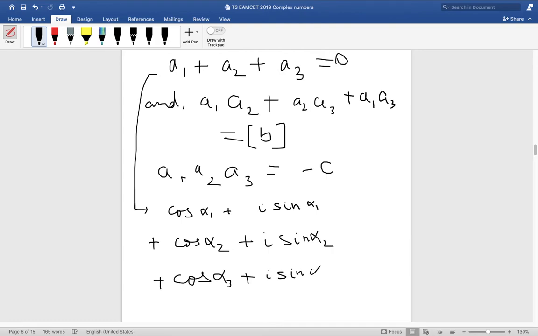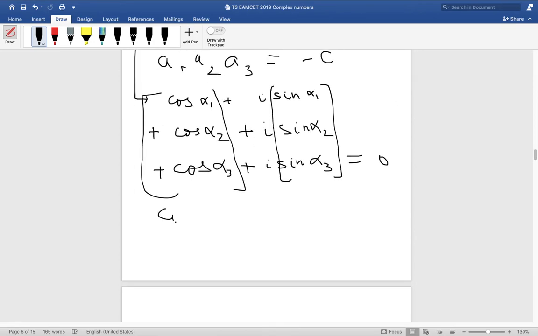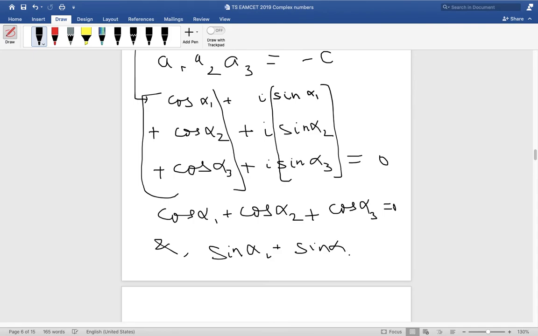And this is given to us as 0. So we know that the real part is equal to 0, and the imaginary part is equal to 0. So we know that cos alpha 1 plus cos alpha 2 plus cos alpha 3 is equal to 0, and sin alpha 1 plus sin alpha 2 plus sin alpha 3 is equal to 0.